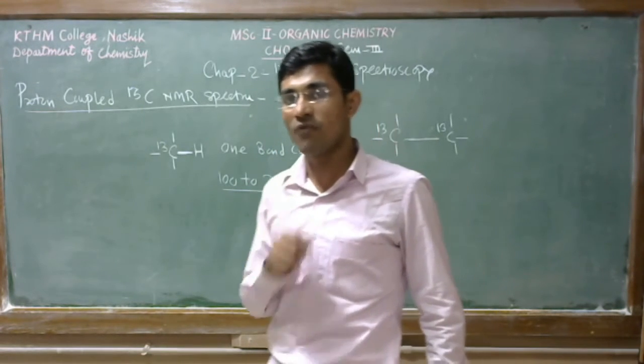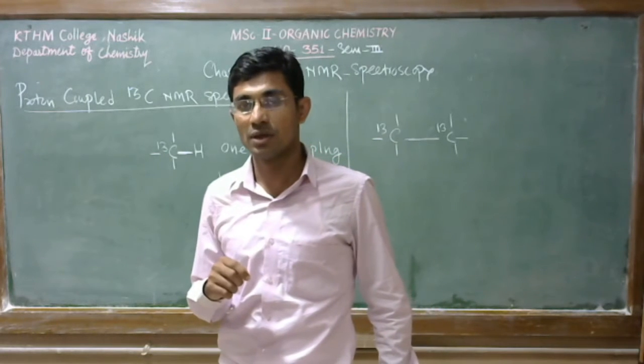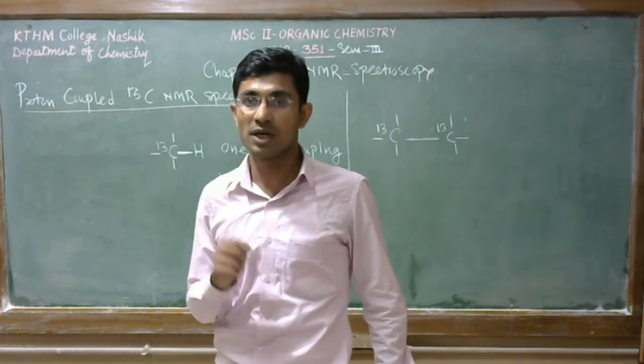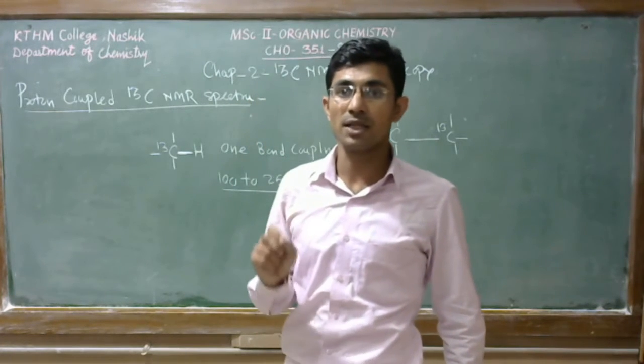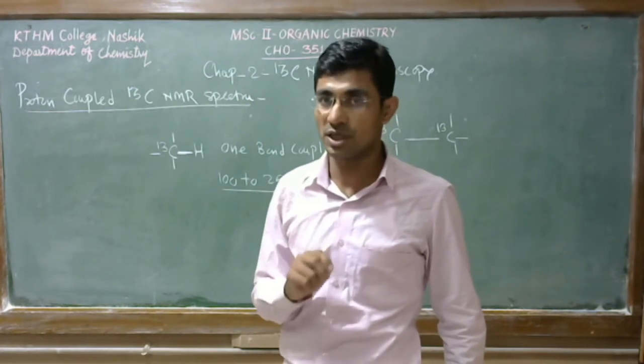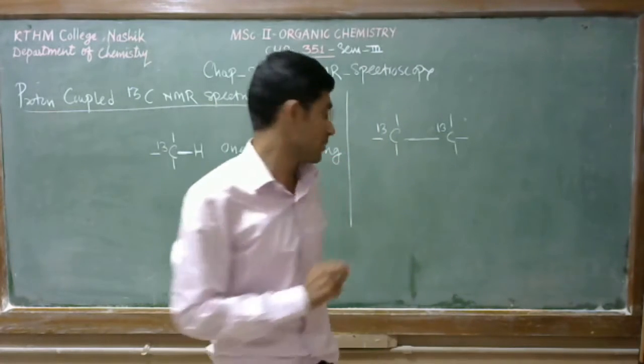Why do we rarely observe coupling between 13C and 13C? Because the natural abundance of 13C is very low in nature, that is 1.08%.